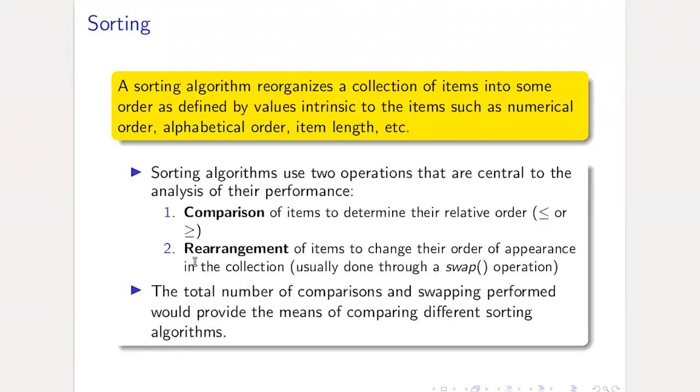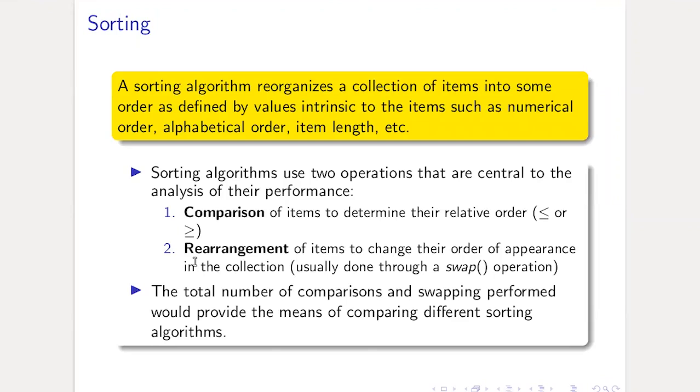When you are looking at the performance and cost of these algorithms, there are 2 operations to consider. Unlike the search, in which we only consider the comparison operator, here, apart from comparing the items, we also have to do a rearrangement. We have to shift items.